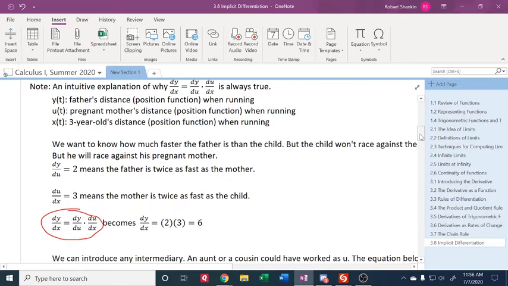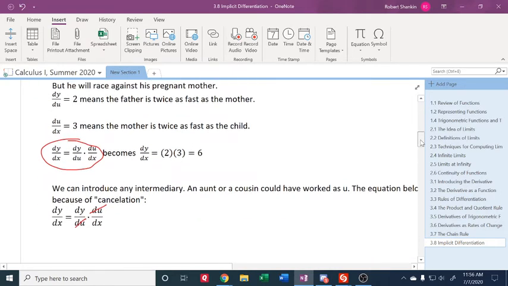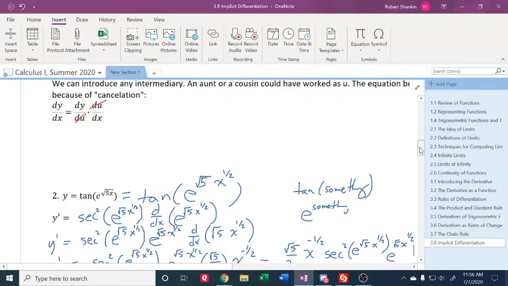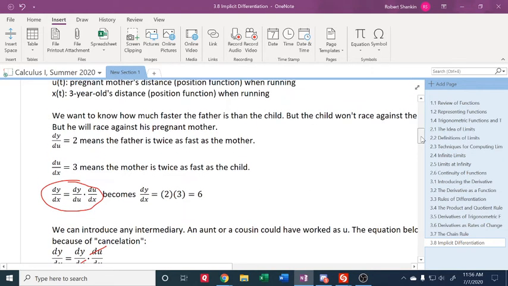When we had something like dy dx, which was the father being 6, that was possibly like if there was a u or something like this in there. And so if we had an intermediary du, it could shed light on things. But even without an intermediary du, dy dx being 6, what does that mean?